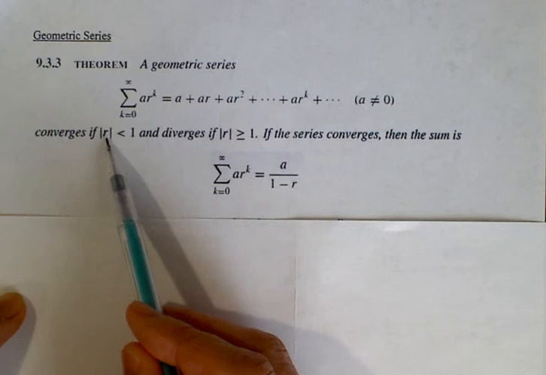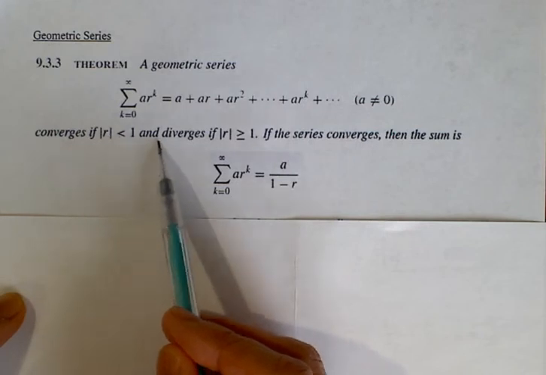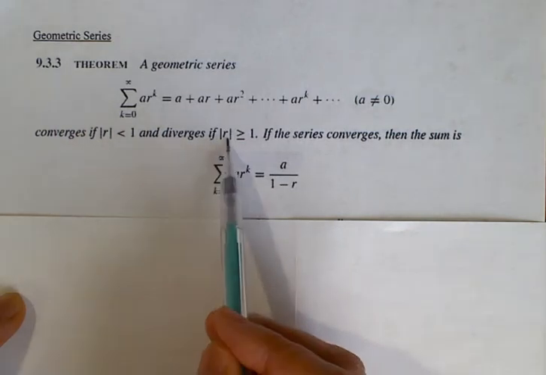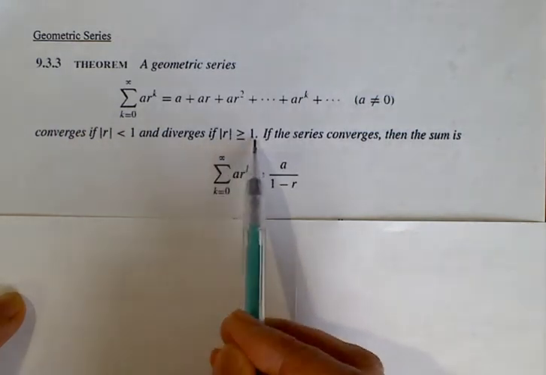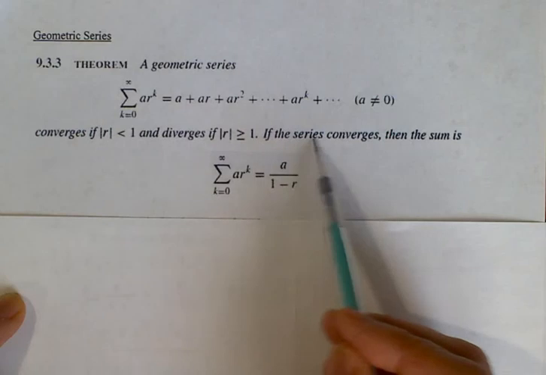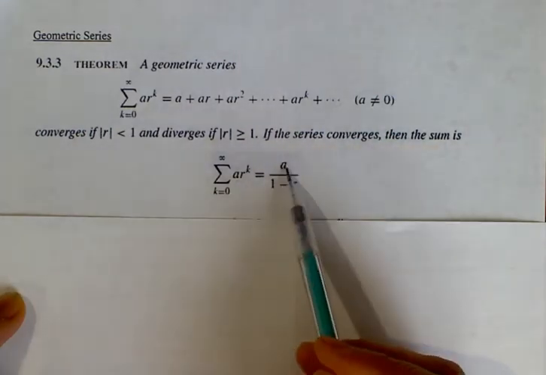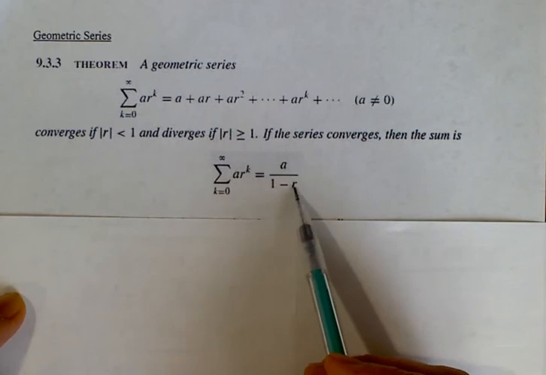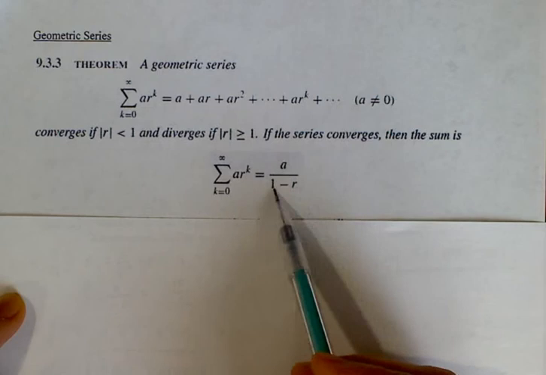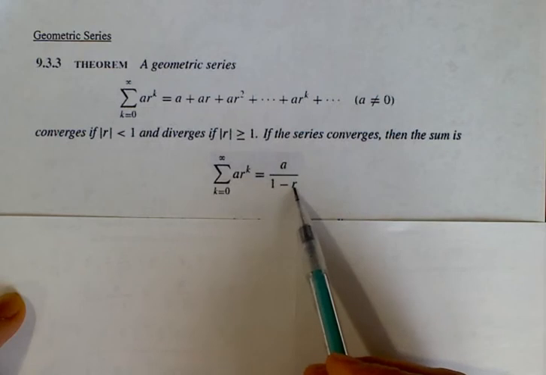It converges if the absolute value of r, this is called the common ratio, is less than 1. It diverges if the absolute value of r is greater than or equal to 1. If the series converges, then the sum is going to be a divided by 1 minus r. So a represents the first term, and r is the common ratio.